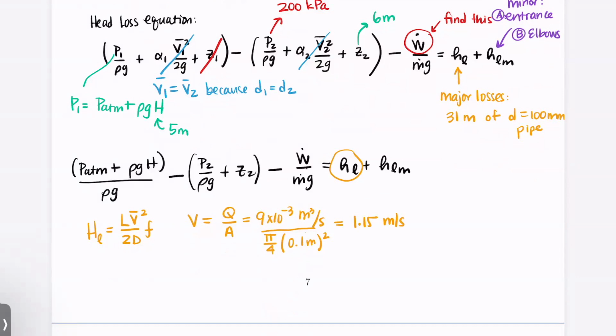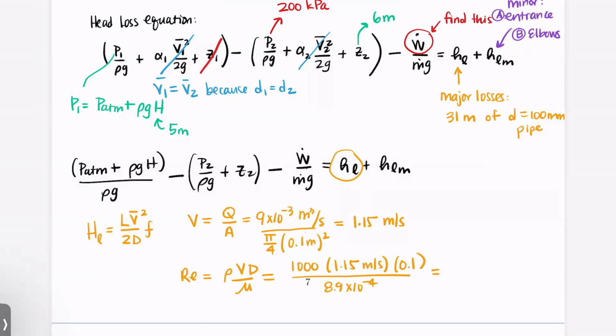Okay, so let's use that to calculate the Reynolds number. So we have rho times V times D over mu. Rho was given to us, it's 1,000. Then we have 1.15 meters per second. Diameter is 0.1. And then we're dividing by 8.9 times 10 to the minus 4.